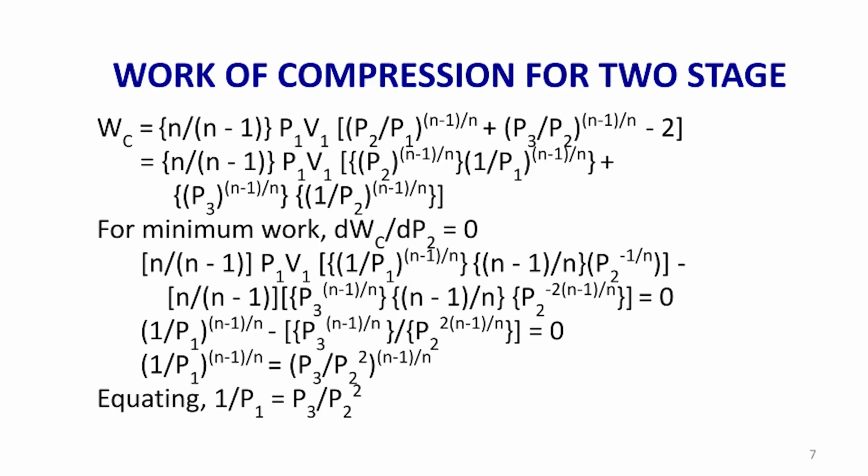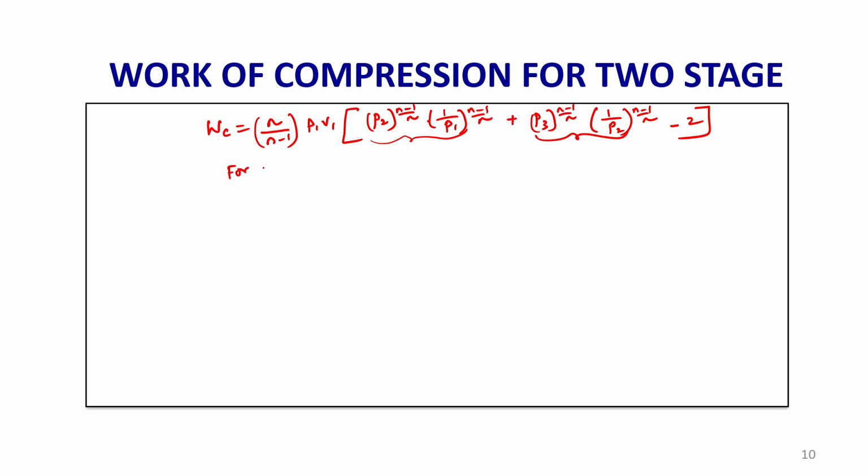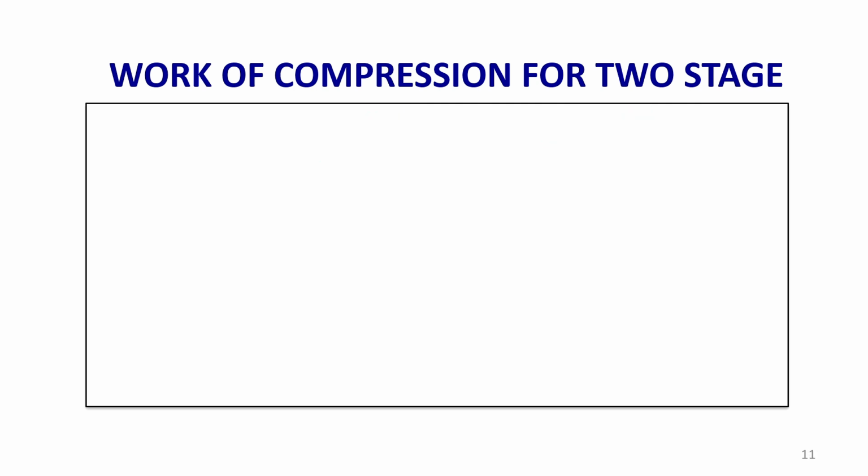So, for minimum work, in this case the work of compression to be minimum, I am writing the condition for minimum WC: differentiate this equation with respect to P2 and equate to 0. So, when we do this one, this minus 2 term will get cancelled.